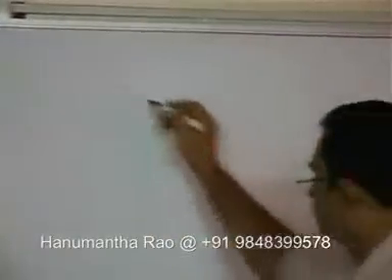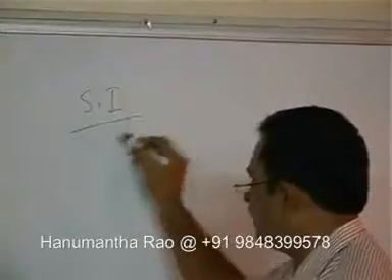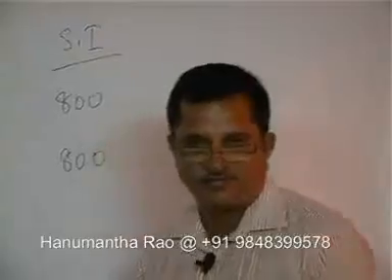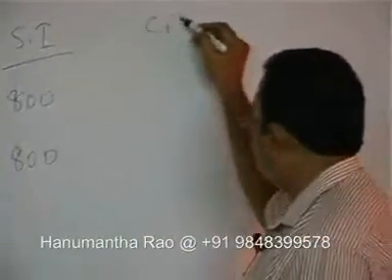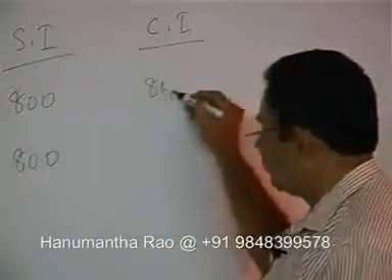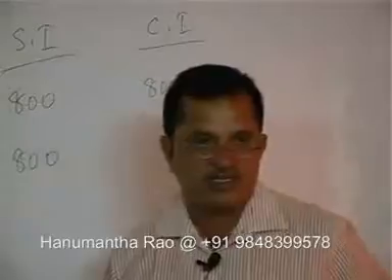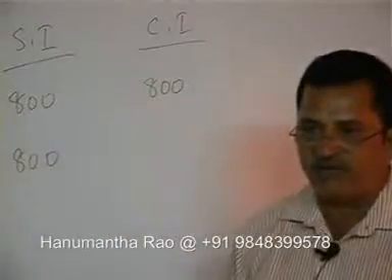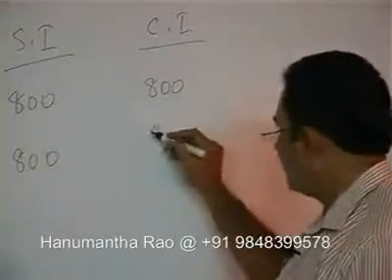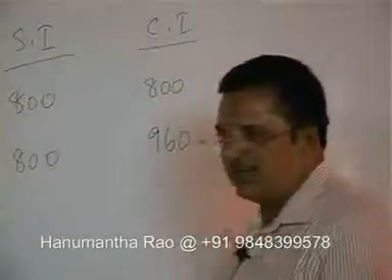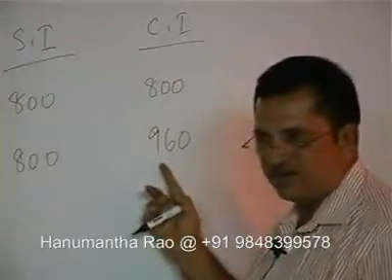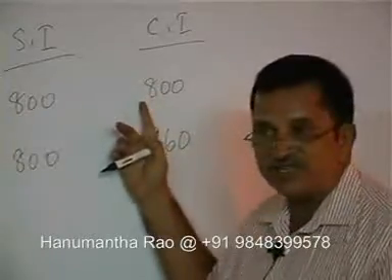For 2 years means, first year is 800, second year is also 800, is it not? Compound interest is 1760 means, first year is 800 only, because for 1 year duration there won't be any difference between simple interest and compound interest. And second year will be how much? 960. Why we are getting 160 rupees extra means, in the principal 800 rupees extra is added.